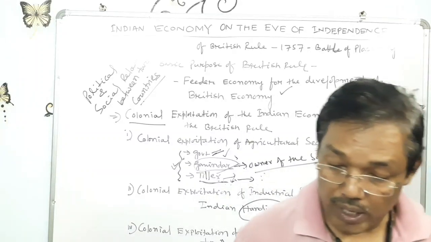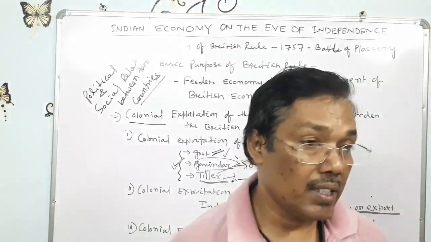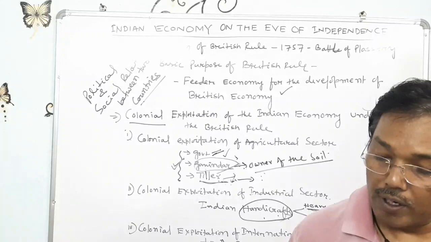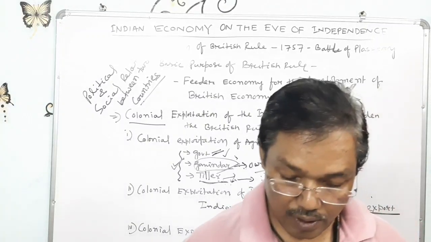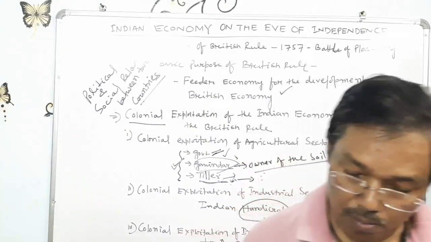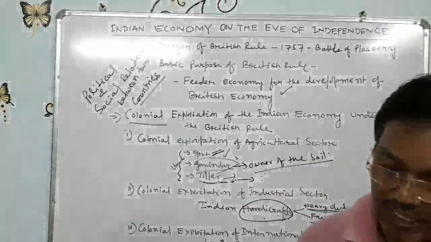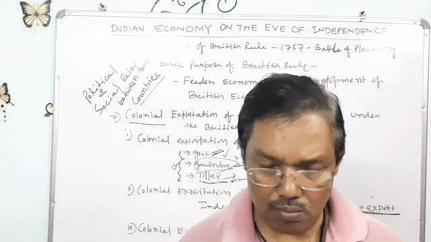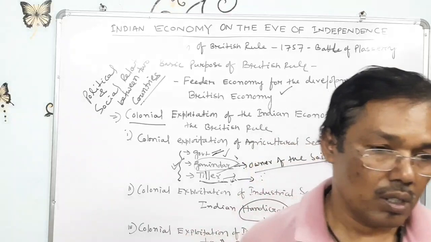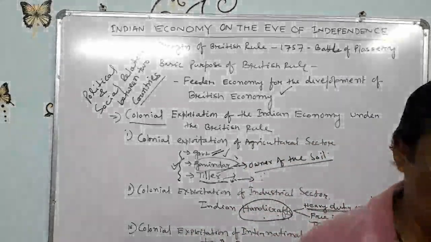During the British period, some thinkers and well-wishers made attempts, experts like Dadabhai Naoroji, whom you already know, William Digby, Findlay Shirras, V.K.R.V. Rao, R.C. Desai, all these brilliant thinkers for the development of our economy.